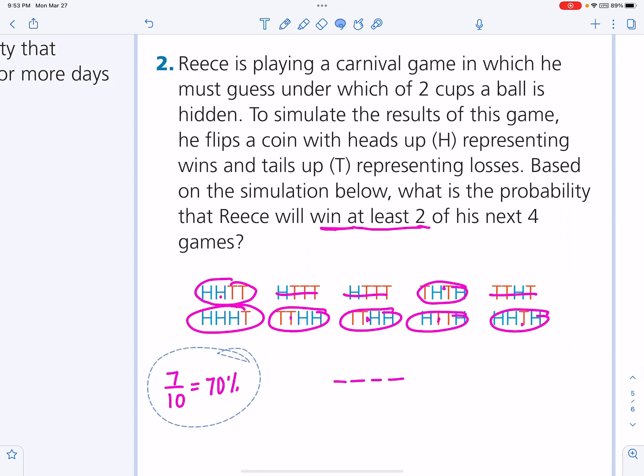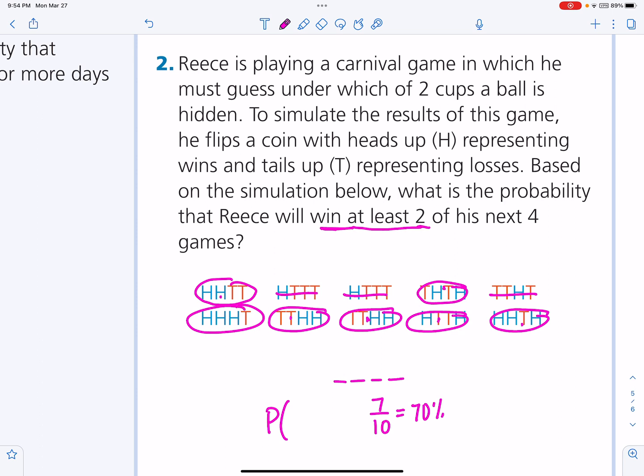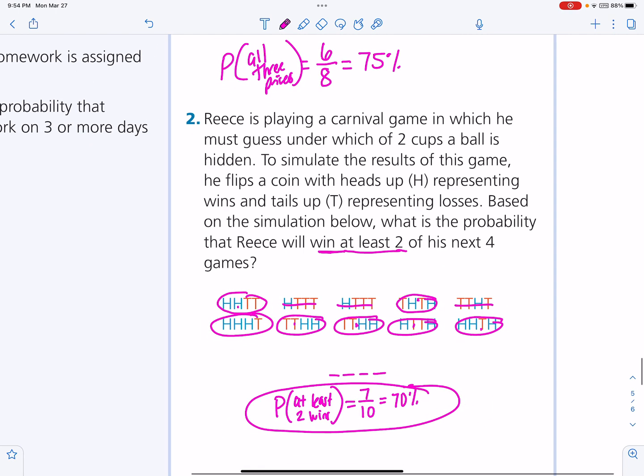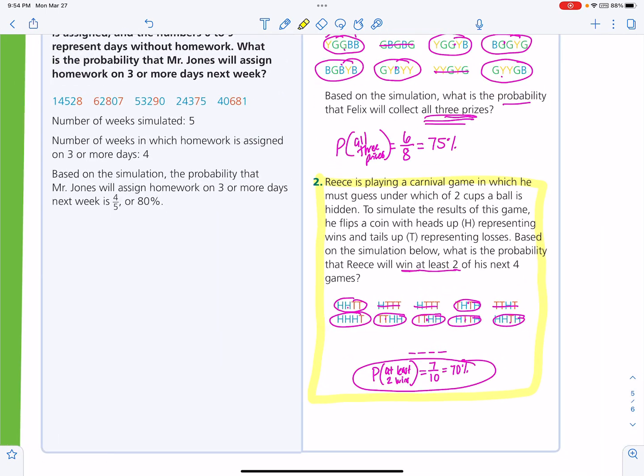And again, in probability notation, I would say the probability of getting at least 2 wins. Okay, and that is it. So pay close attention to this one here. This is what you're going to have to do for your test.